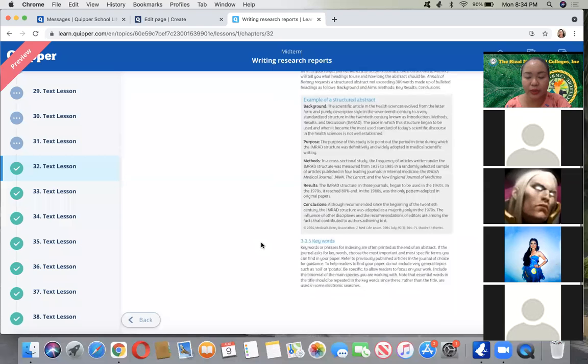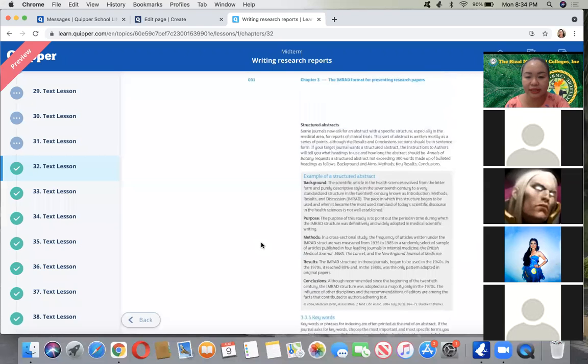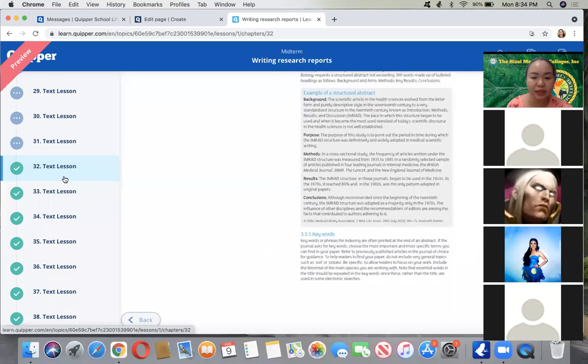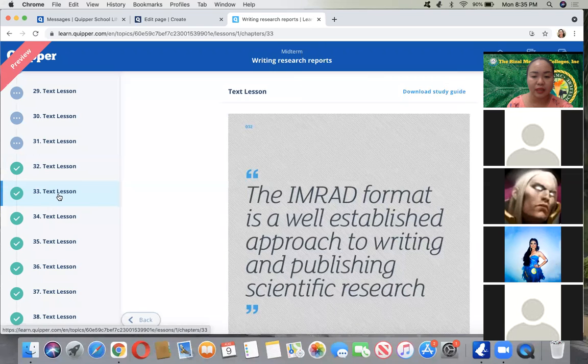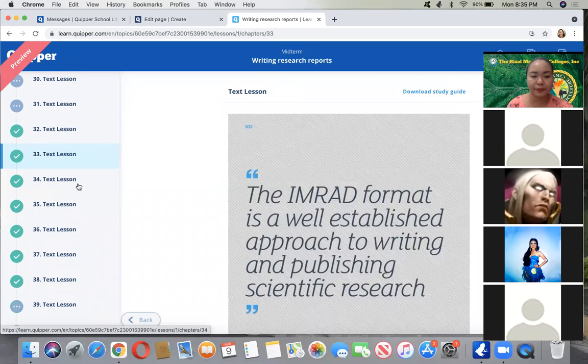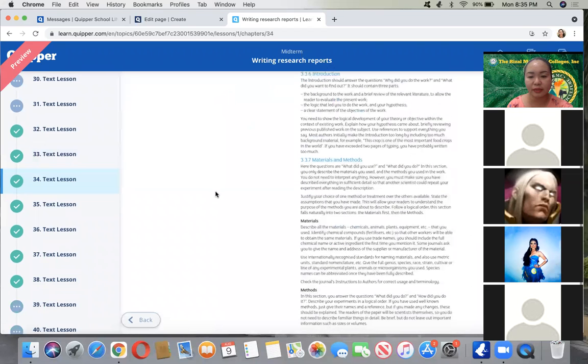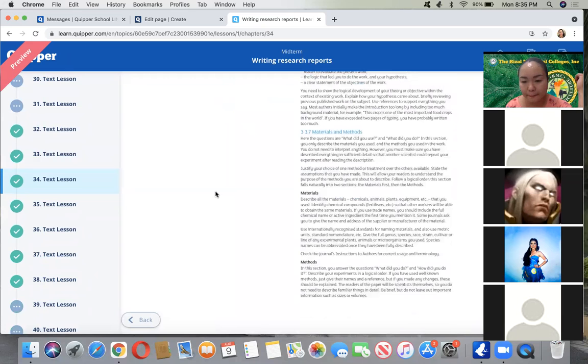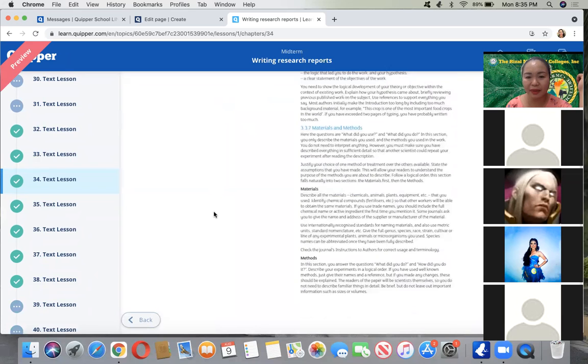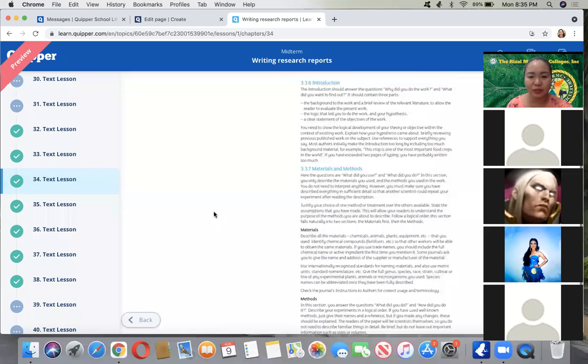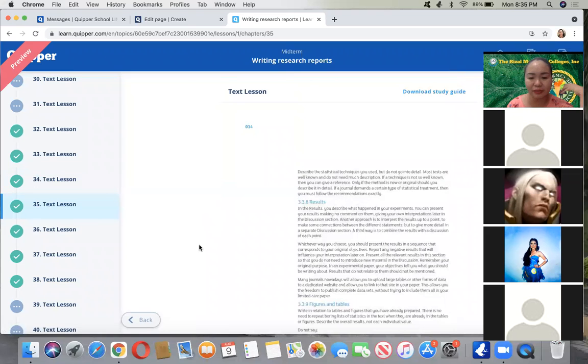We have discussed these as part of the IMRAD, the abstracts, structured abstract, and the keywords. Where did we stop, in results and discussion?